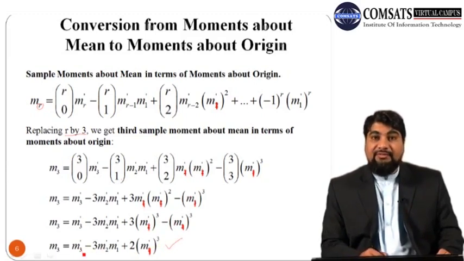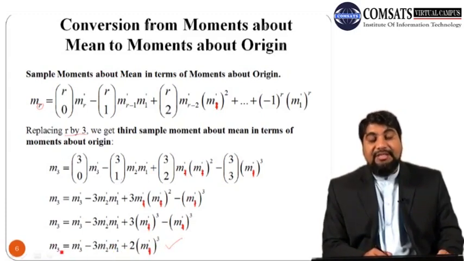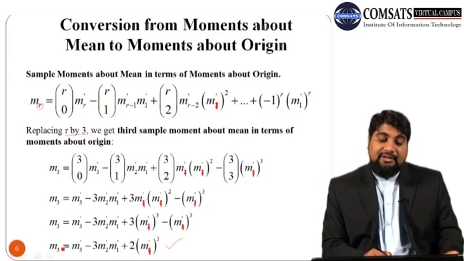If we know the values of these sample moments about origin, m3', m2', m1', then using this formula we can calculate m3, which is the third sample moment or third central moment or third sample moment about mean.